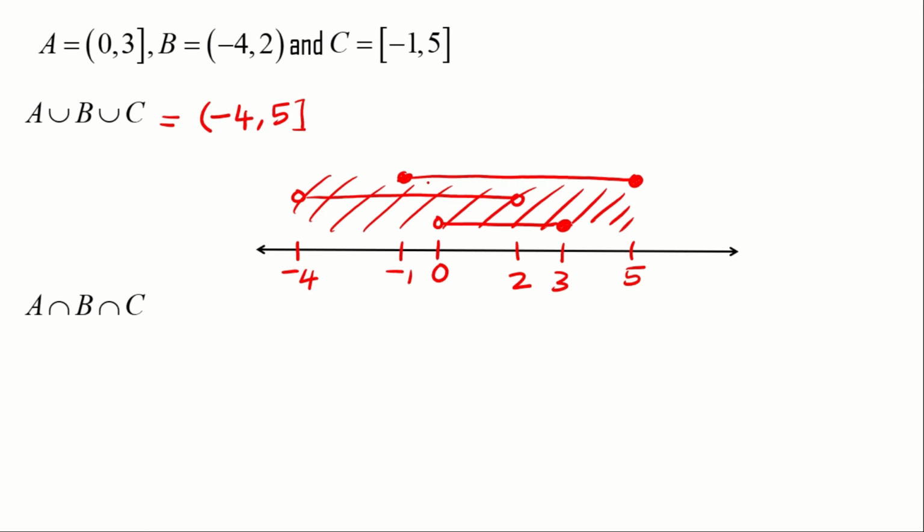We can see here the three lines intersect from 0 until 2. So basically here we have from 0 until 2, and 0 here is an open interval, so round bracket, and 2 also open, round bracket again.